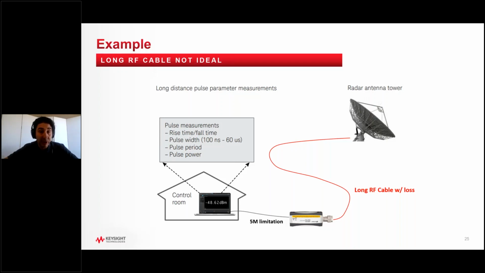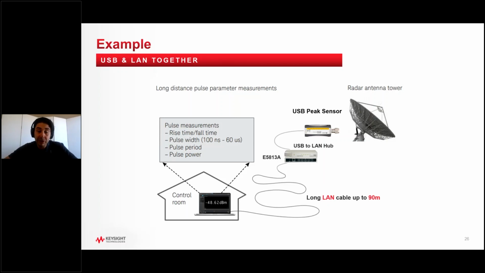RF cable is not always easy to work with, and if it's especially low loss cable, that ends up being thicker diameter cable, which is even more challenging to use. So not so streamlined or glamorous for a setup, but along comes being able to use our USB and LAN application together.